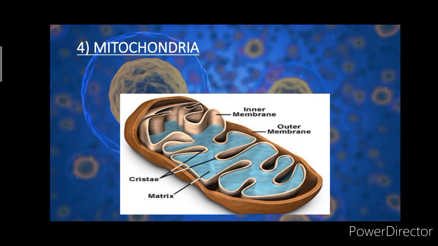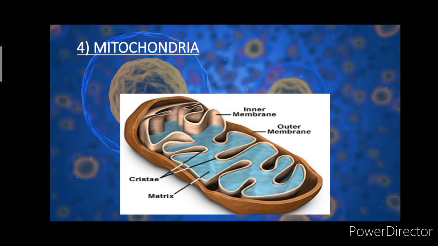As you can see, this dark brown colored outer covering is called the outer membrane. Then you can see a lighter one which is folded, named the inner membrane. So it is a double membrane present in the mitochondria.